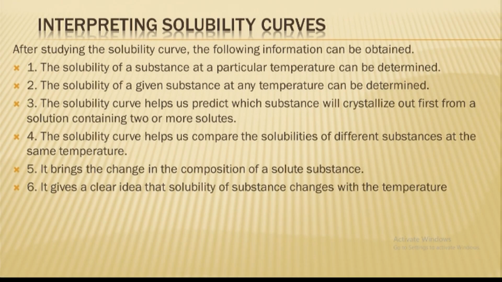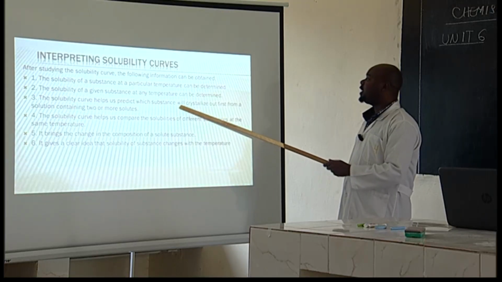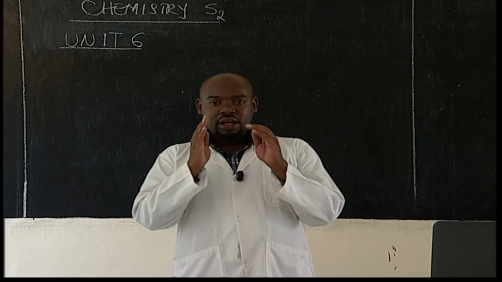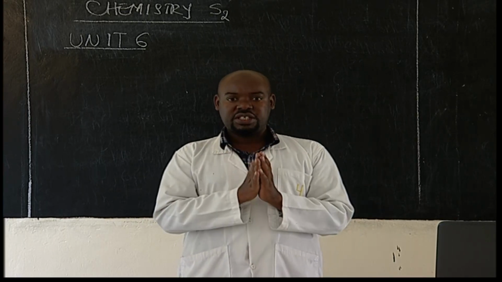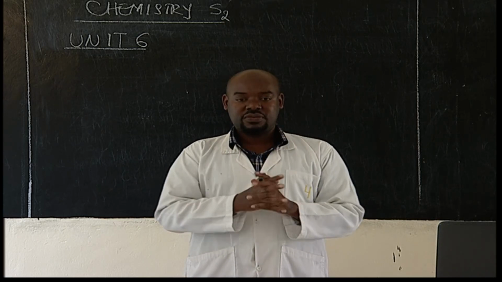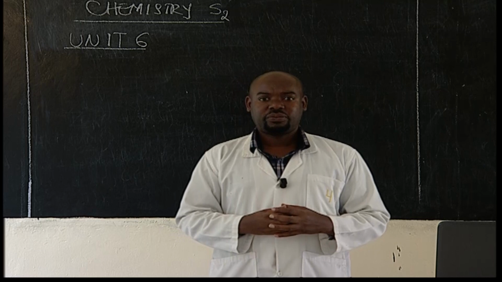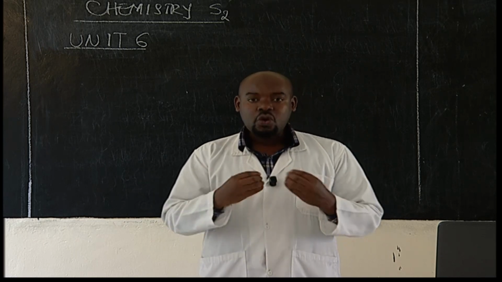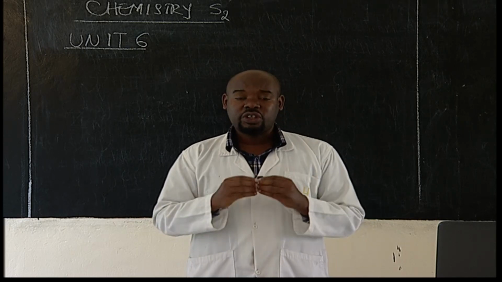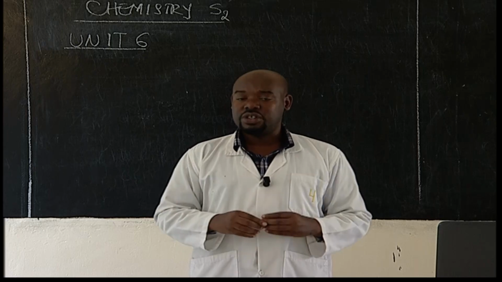And number 3, the solubility curve will help us predict which substance will crystallize out first from a solution containing 2 or more solutes. Remember, substances have different solubilities. If you have a mixture of solutes in a solution, the components cannot all precipitate out at once if you cool down the solution, for example.